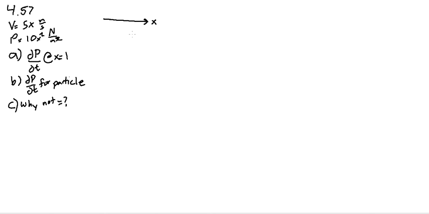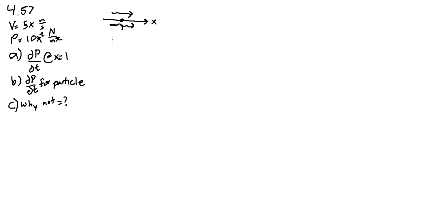Well, pressure is in terms of x, not t. X is not a function of t, not so far as we know. So if we're just looking at this point right here, where x equals 1, and we've got the fluid flowing past it, it's not really doing anything to the pressure here, because the pressure is changing with location, not with time.